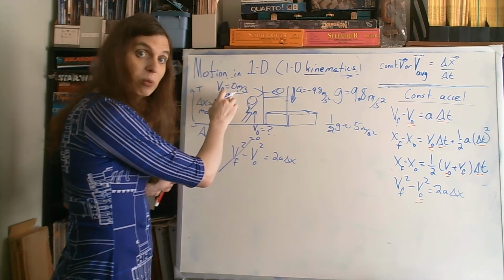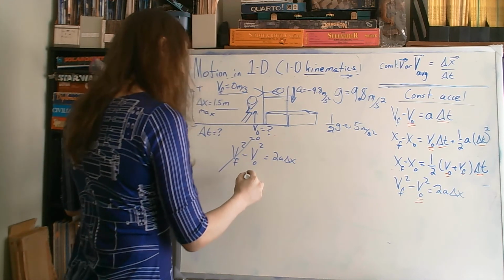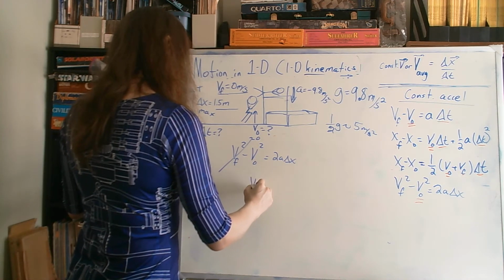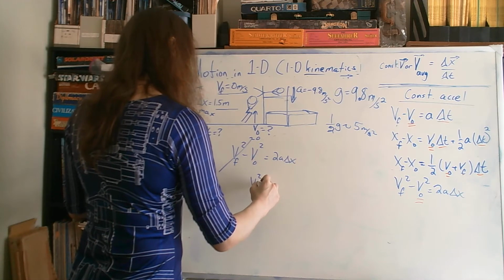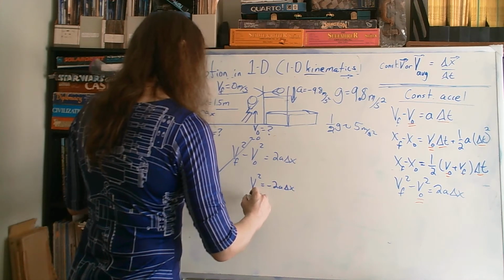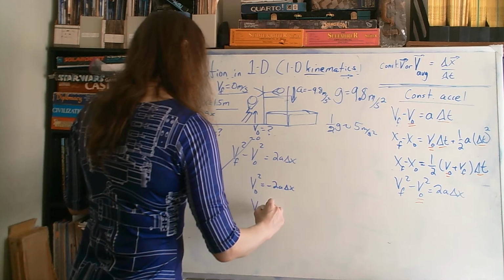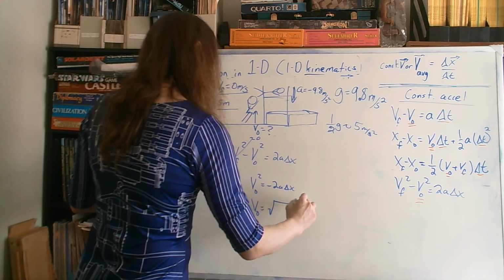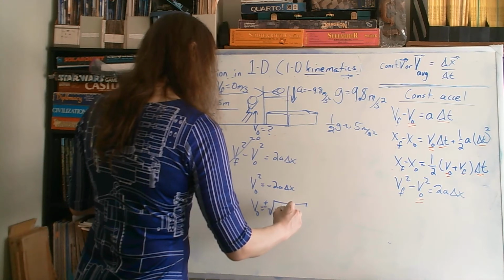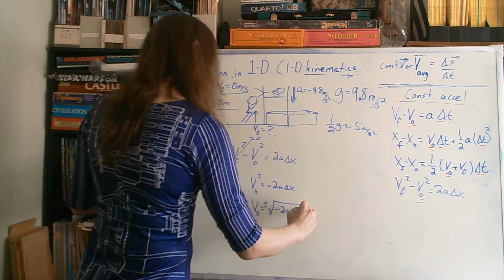Speed at maximum height was 0, so that term drops. v0 squared is negative 2a delta x. v0 is plus or minus the square root of negative 2a delta x.